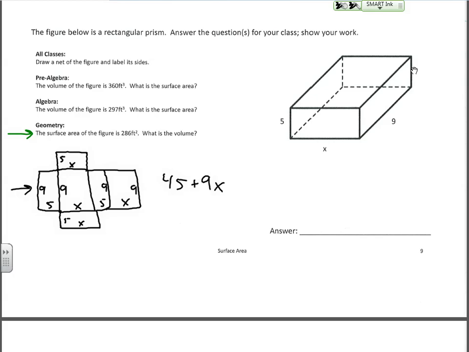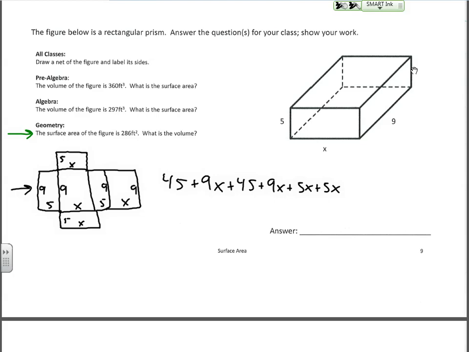Whatever x is, 9 times that will be the area of my bottom face. Continuing across, I get to the right side of my box, which is also 45, 9 times 5. And then the top of my box, again, 9 and x. Now I go to the front and the back of the box. Each is the same. The area of each, whatever x is, is going to be 5 times that.